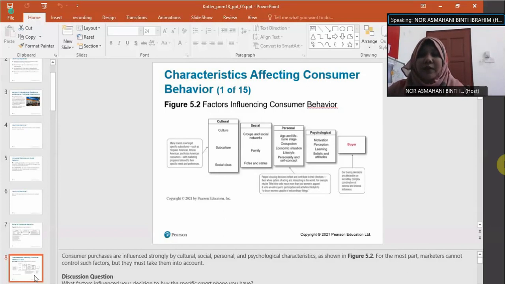Masa tu orang takut meletup, right? It's happened, and that's why for innovative products or products that are very new to the market, you need to educate customers first, right?